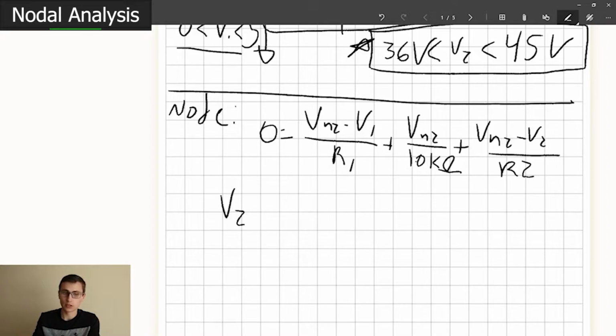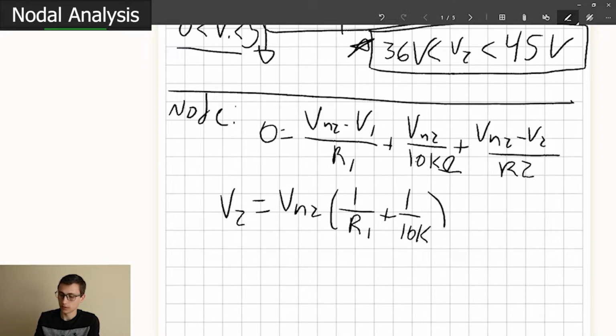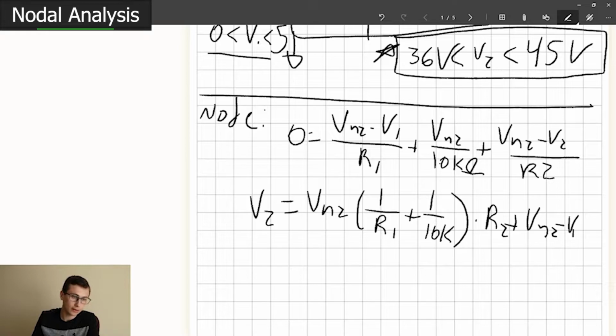If we rearrange this equation for V2, we get V2 equals the node 2 voltage times (1 over R1 plus 1 over 10K) times R2, plus the voltage at node 2, minus V1 times R2 over R1.